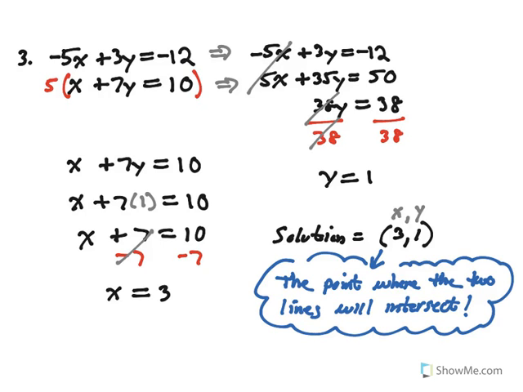Okay, let's do one more example. Okay, so we'll have 7x plus y equals 1, and then we're going to have y equals minus 7x plus 1. All right.